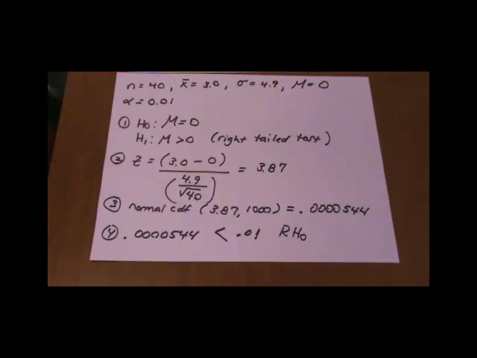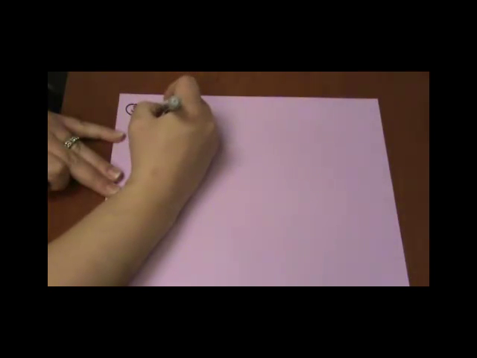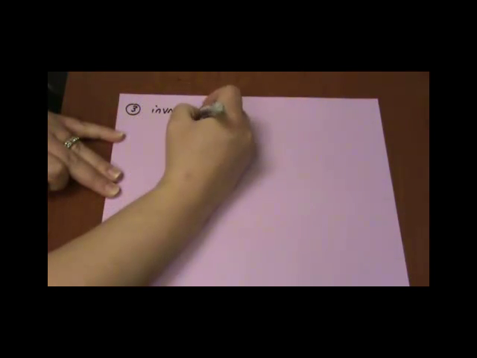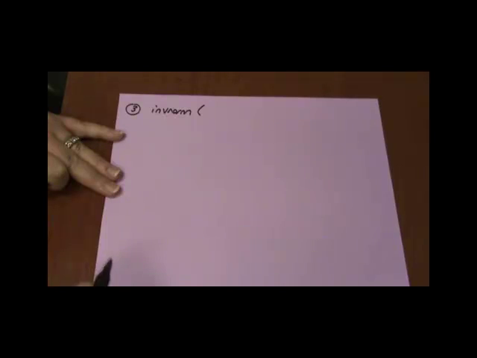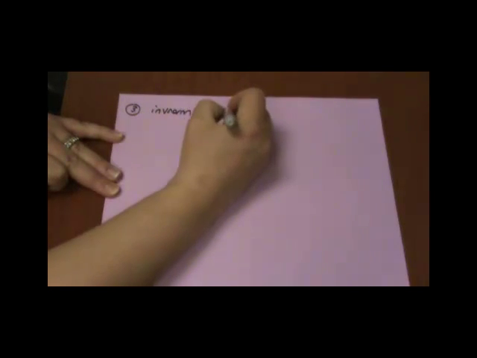Now we're going to do 3 and 4 for critical value. Okay, so remember everything else stays the same. Now this is where it gets a little different. Because I am doing a right tail test, when I do inverse norm, I don't put alpha in because alpha alone would give me a negative critical value. So I need to do 1 minus alpha.